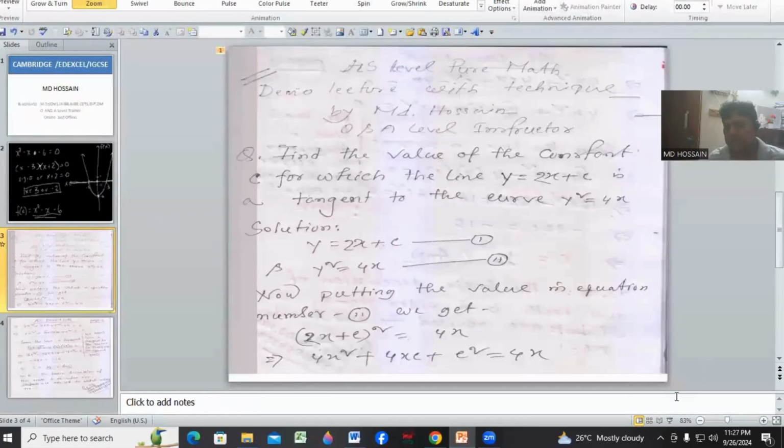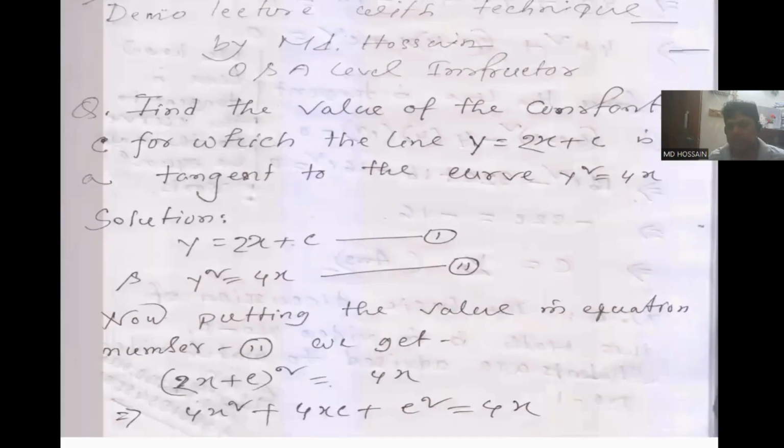Okay, our class will start from this page. Before starting the journey of this math, I will also request you to watch the video which contains the basic part of this class. What does quadratic equation mean? What is the basic idea behind the quadratic equation? How can we solve quadratic equation problems?